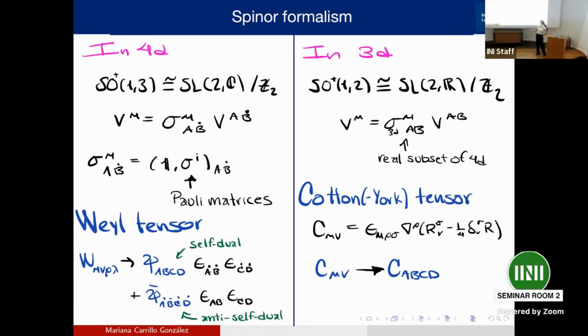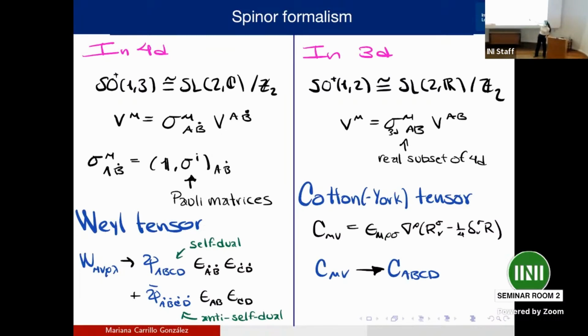Okay, so spinorial formalism. So I'm basically just going to use the fact that your 4D Lorentz group decomposes into undotted and dotted spinor indices.